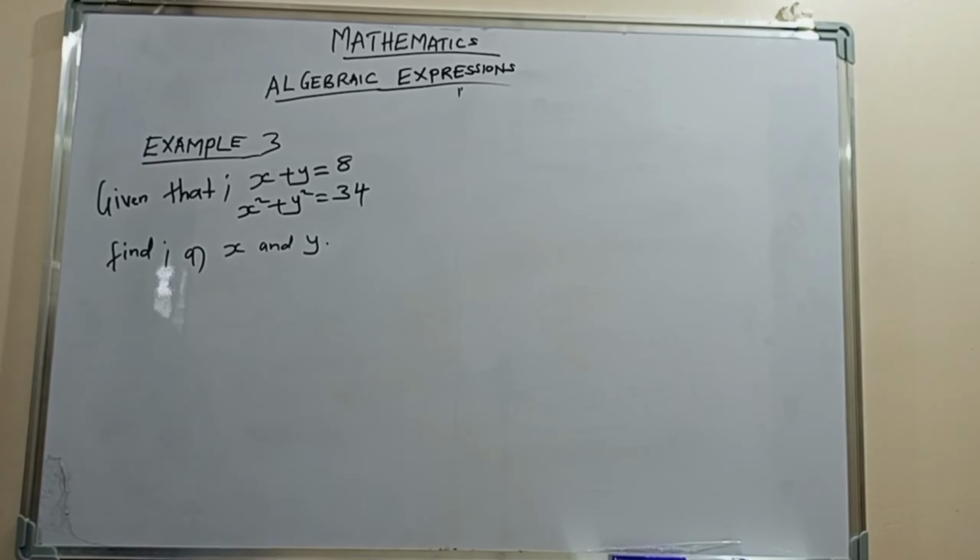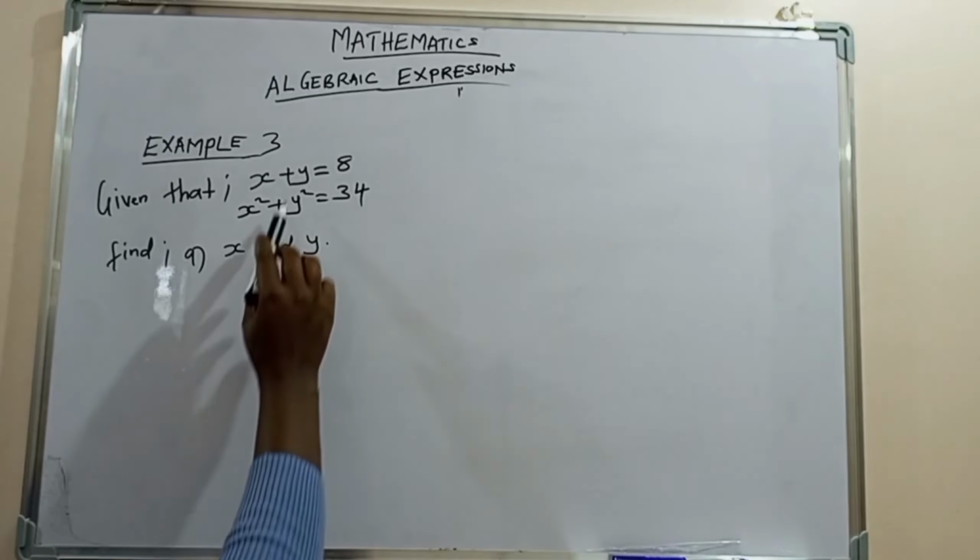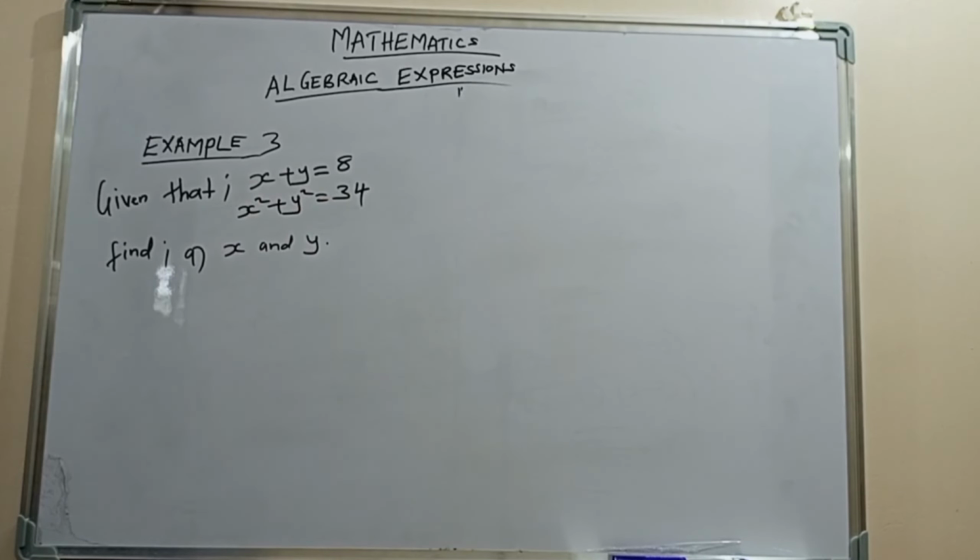So example number 3, we have this question. Given that x plus y is equal to 8, x squared plus y squared is equal to 34, find the values of x and y.